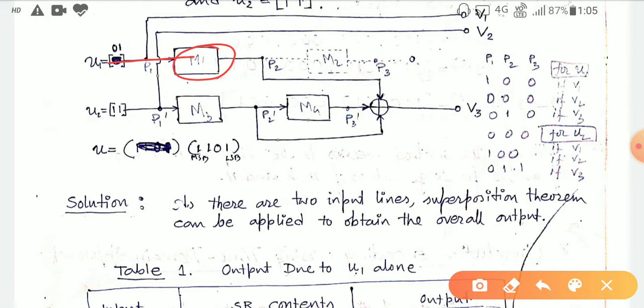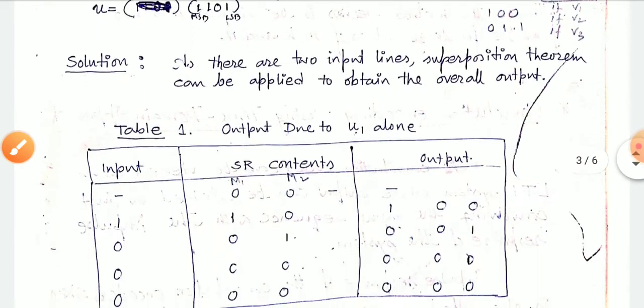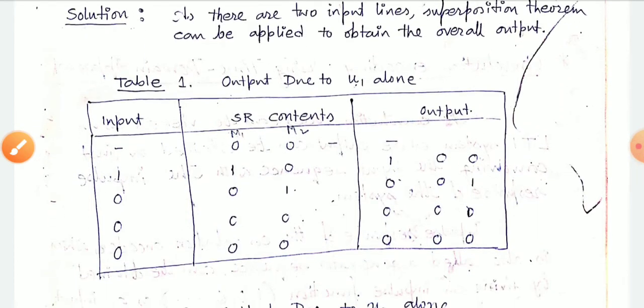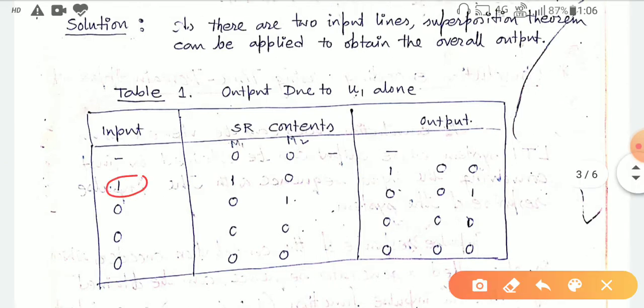And m2 will be the previous value of m1. So you can check this here. The instantaneous value of input 1 comes in this position for m1, and the previous value of m1 comes as m2.